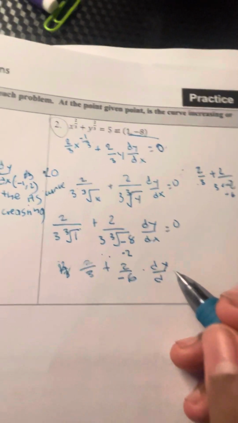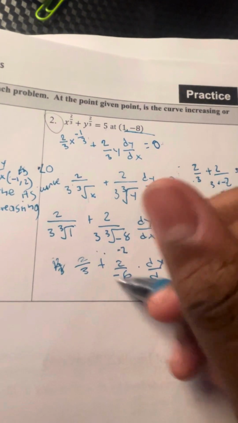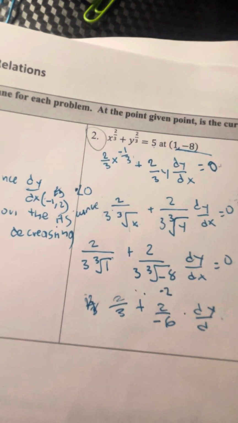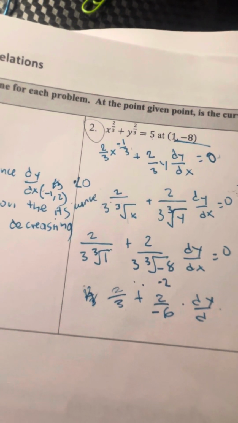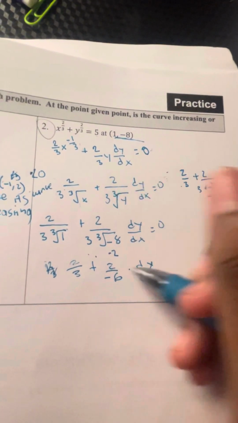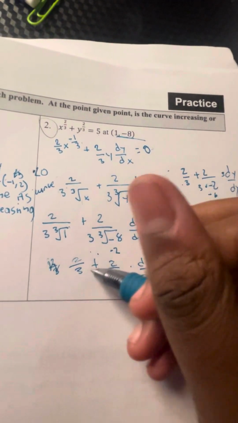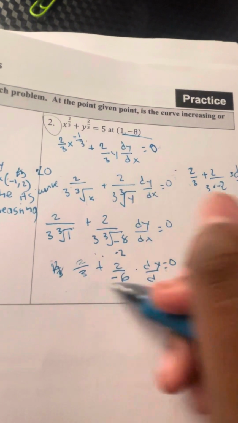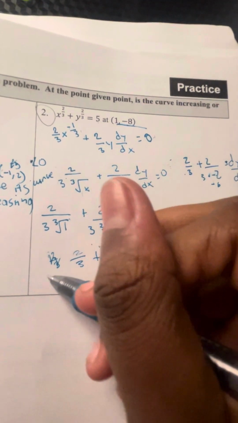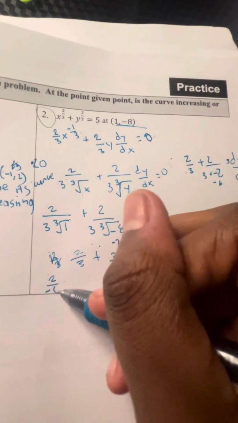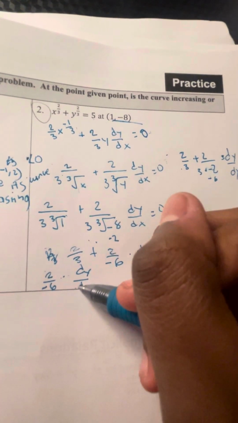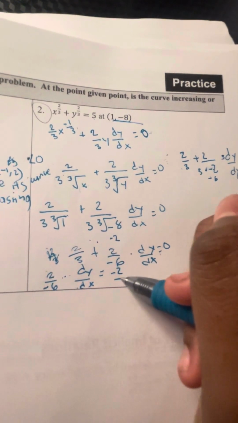For that one, we're just going to move the 2 over 3 to the other side, because at this point we're trying to get dy over dx alone. So it'll be 2 over -6 times dy over dx equals -2 over 3.